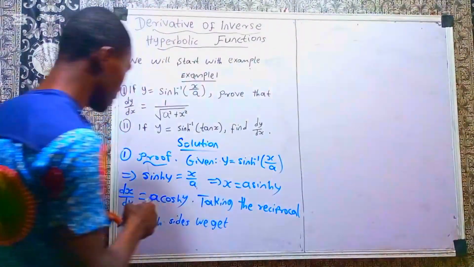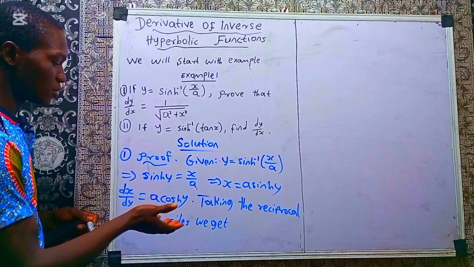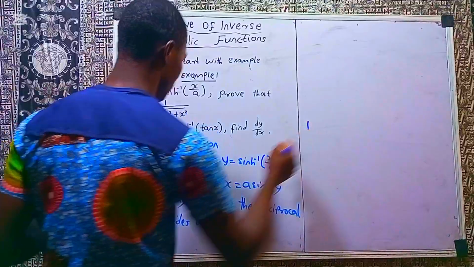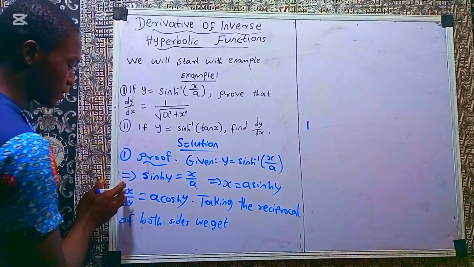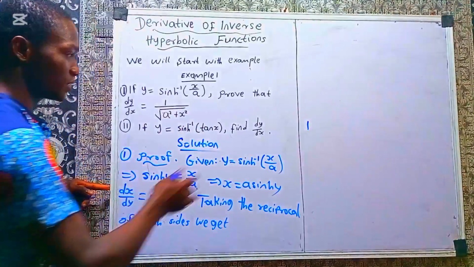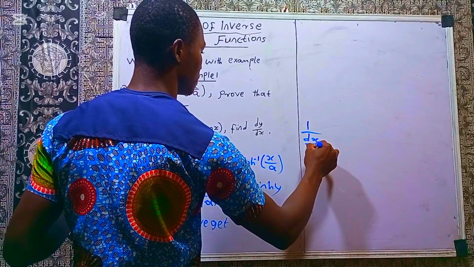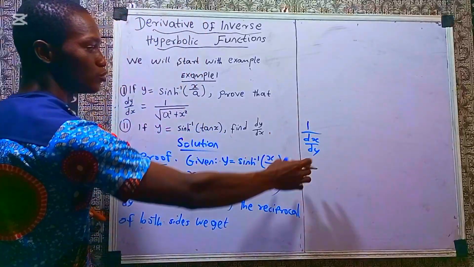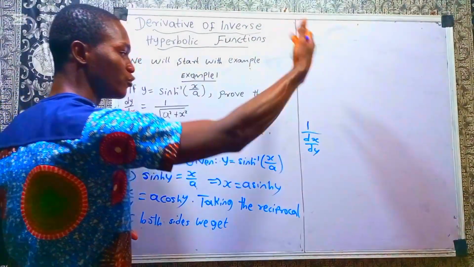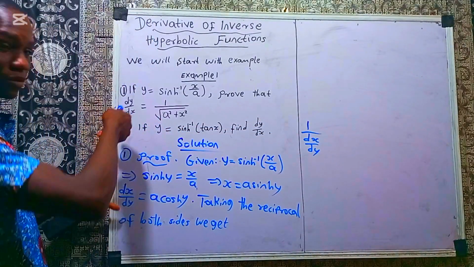So what I mean is, for the left hand side, what is there is dx/dy, so taking reciprocal of it is 1 over dx/dy. And whenever you do 1 over a fraction, the denominator will become the numerator, while the numerator will become the denominator. So the fraction reverses.